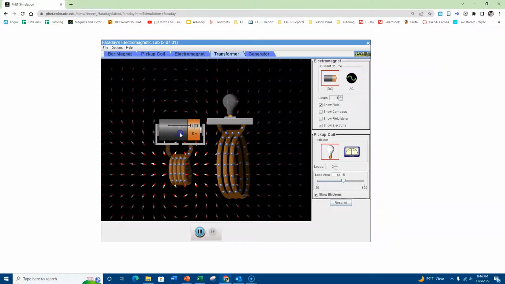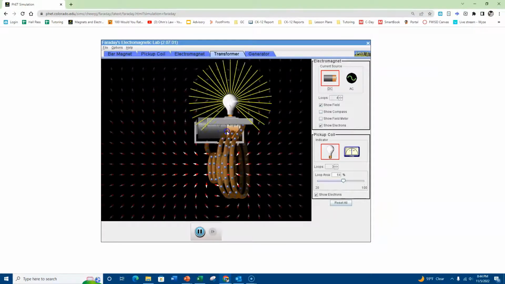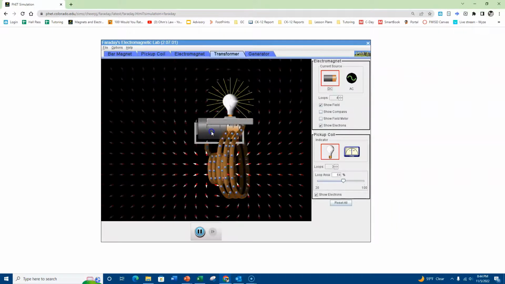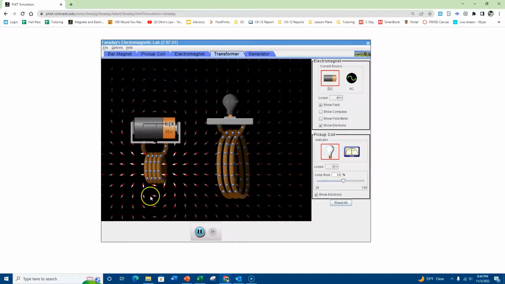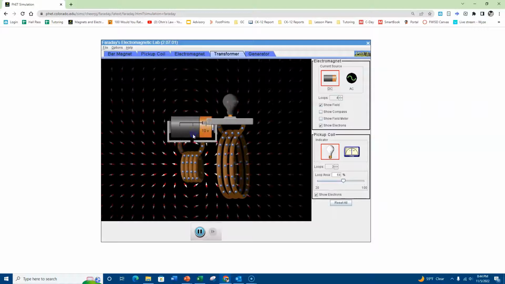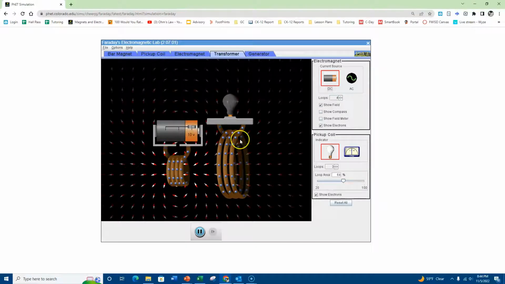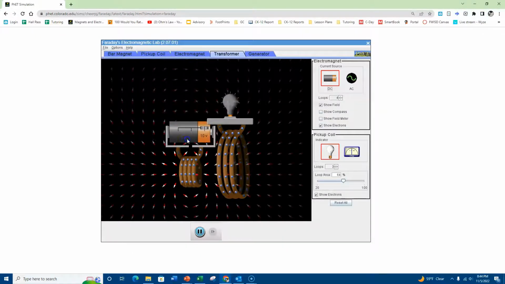So what I want to show you here is what happens whenever I change this magnetic field between the coils. They're not physically touching, but this is causing this to light up, and there's no physical change between the two or touch between the two. And how is that working? Well, remember that anytime, just like with the generator, if you change the magnetic field, that's going to cause a magnetic force on these charges, right?